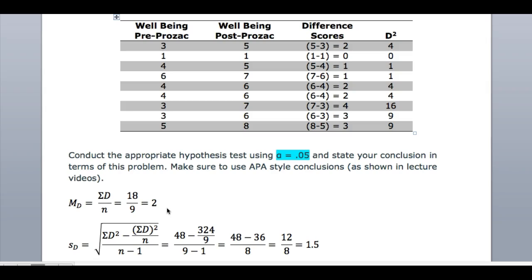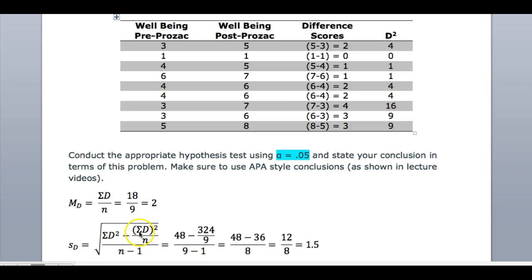Right? Our sample standard deviation, we're going to do the same thing we've done way back at the beginning of the semester, right? This formula should look somewhat familiar. We've only replaced x's with difference scores, right? So I went ahead and added these, and this is equal to 48, right?